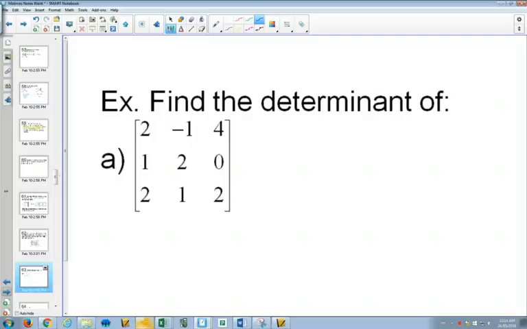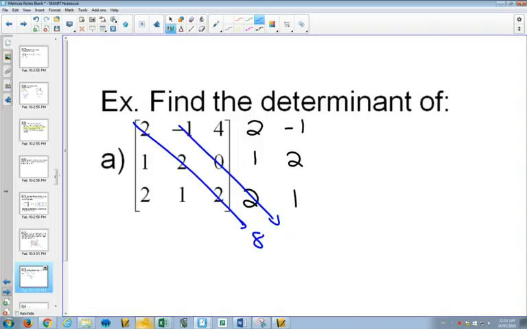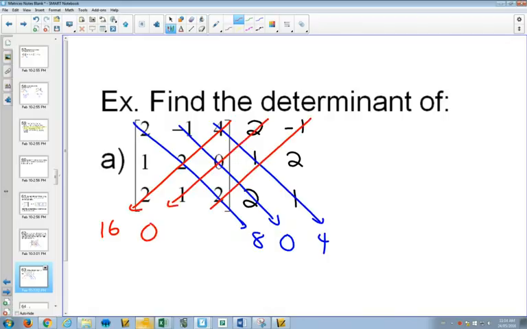So we'll do this one together. If I rewrite the first two columns, 2 times 2 times 2 is 8, 0, 4, and backwards, 16, 0, negative 2.